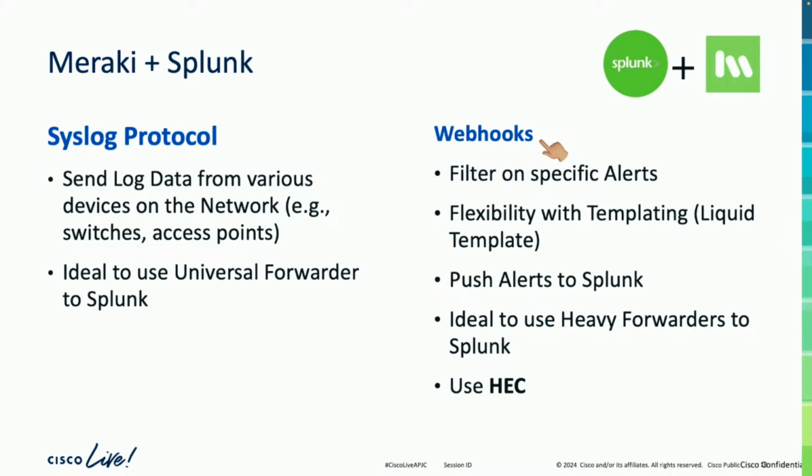Okay, think of it as a templating language where you create a template for all of your alerts that are going to be sent out. That template has placeholders where I'm going to replace the values coming out of my Meraki dashboard. The template is in JSON format, and it's going to be sent out to Splunk, and the JSON is going to be available there.